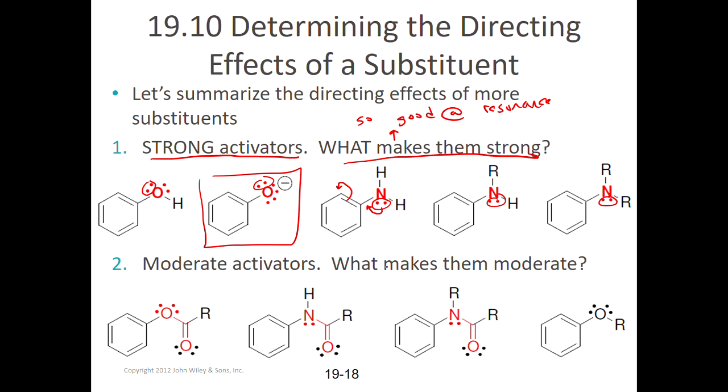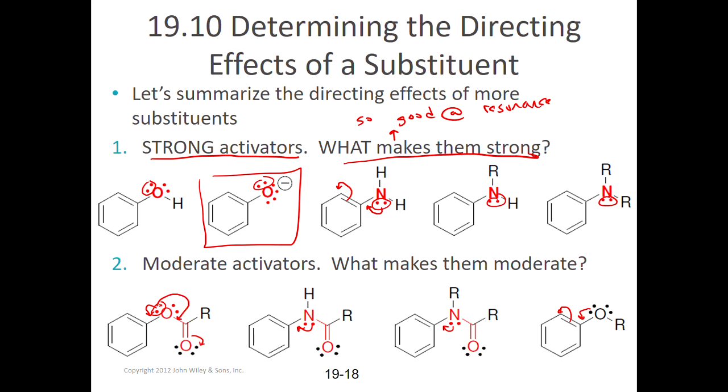Moderate activators, what makes them moderate? Well, they have the same feature as strong activators, which is a lone pair that can shift in through resonance into the ring to help stabilize any positive that forms in the ring. The difference is there is also an extra resonance for the first three where that lone pair can also shift out here.